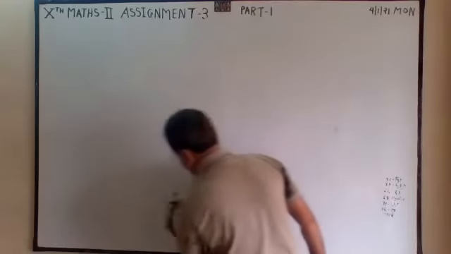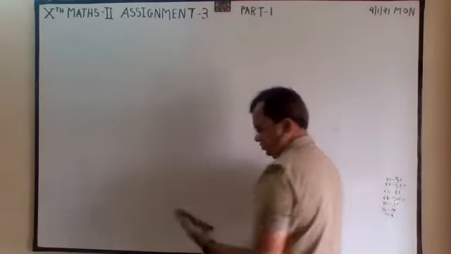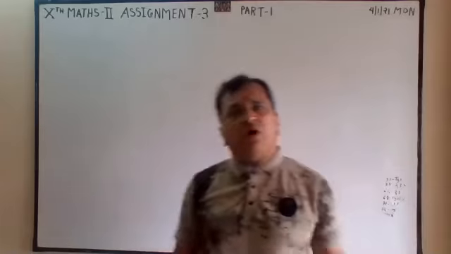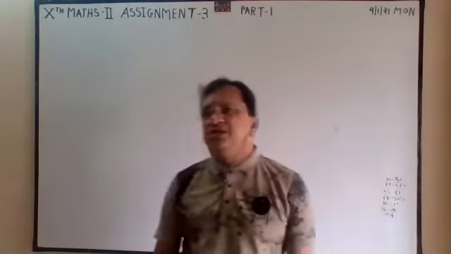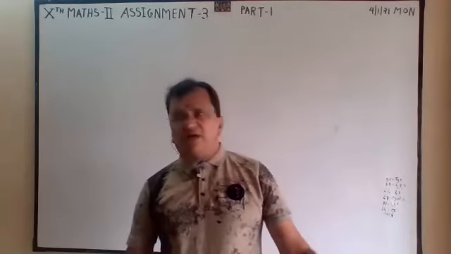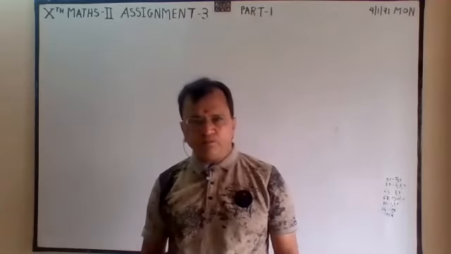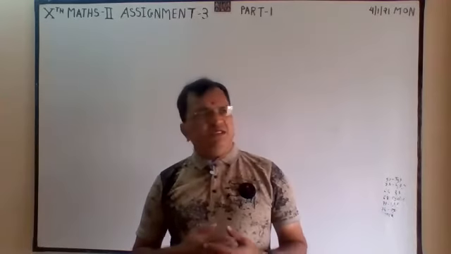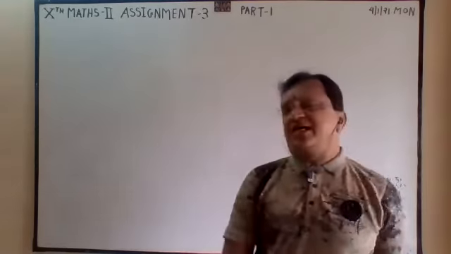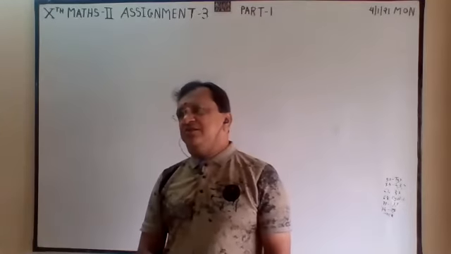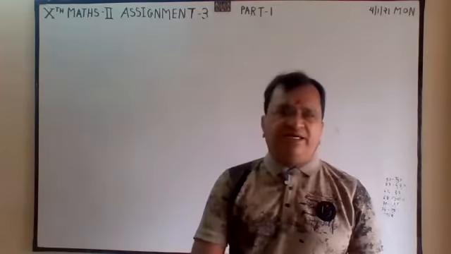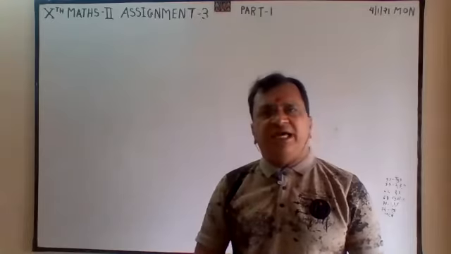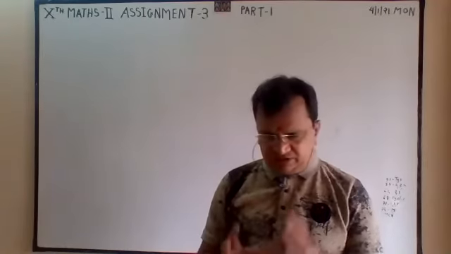The quadrilateral whose all four vertices are on a circle is said to be cyclic quadrilateral. What is the main property of cyclic quadrilateral? That if the quadrilateral is cyclic, opposite angles are supplementary of each other.